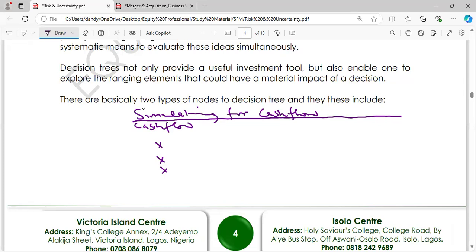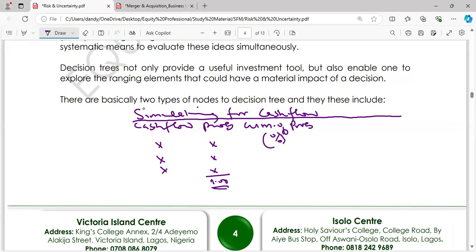Then the next column will be the probability of occurrence attached to a state of nature. Next will be the cumulative of the probability in percentage.